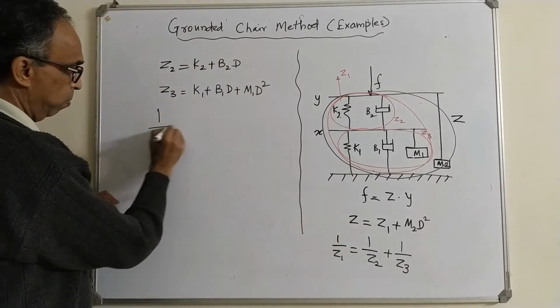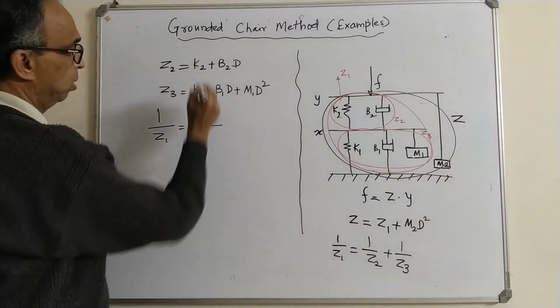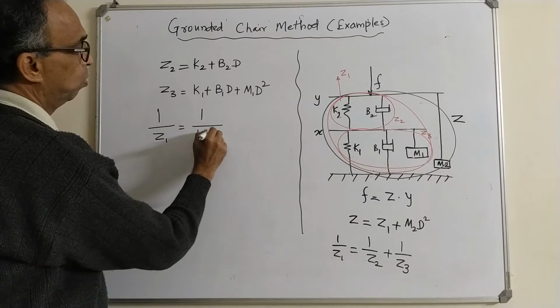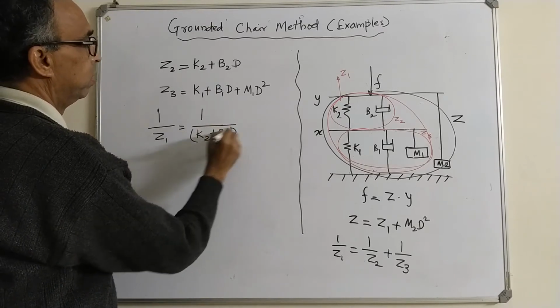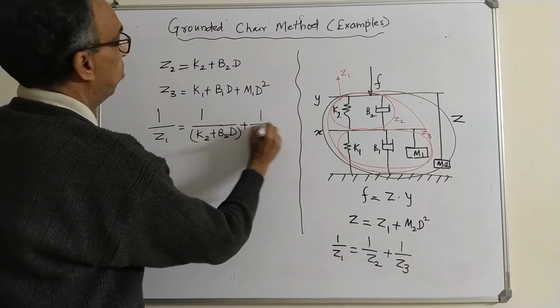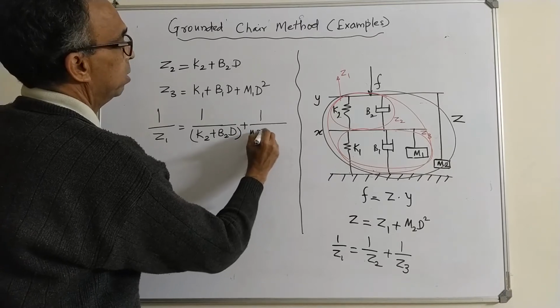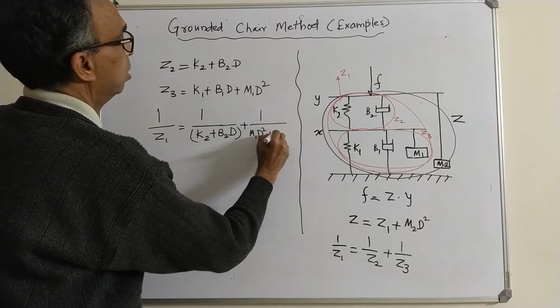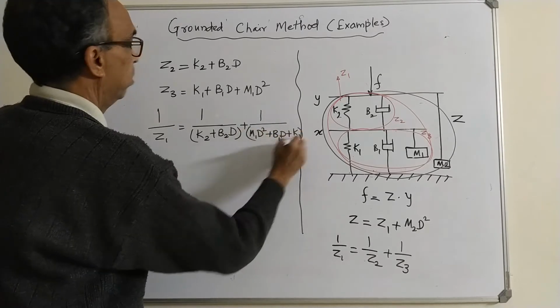So 1 upon Z1 is equal to 1 upon Z2, that is K2 plus B2D, plus 1 upon Z3, and just write it in descending order of powers, B1D plus K1.